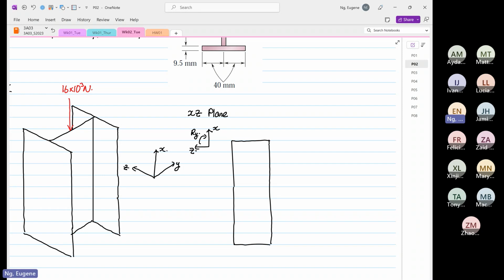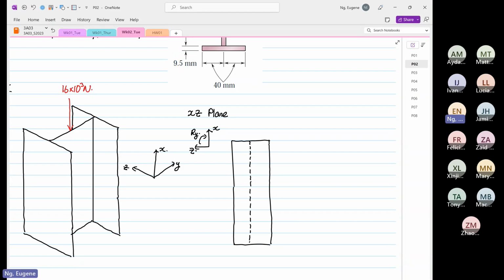And you have the dotted point over here, which is the web. So this is one way that the structure will buckle.